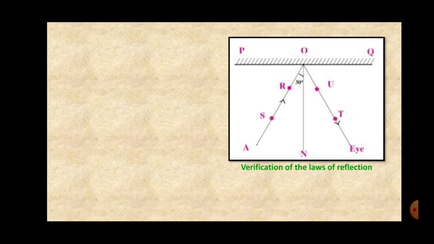Looking in the mirror, we have to put two pins at two places, U and T, where we see the image of the reflected ray. Now we have to join these two points and draw a line, and this line is the reflected ray, and the angle is between T, O and N, that is TON, we can say.